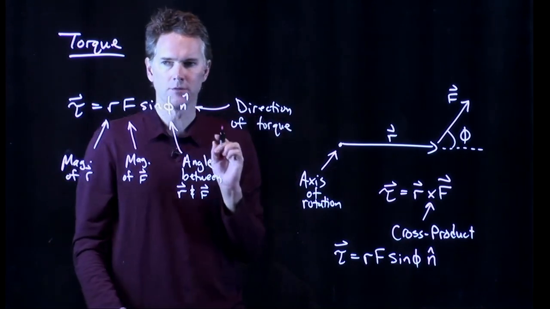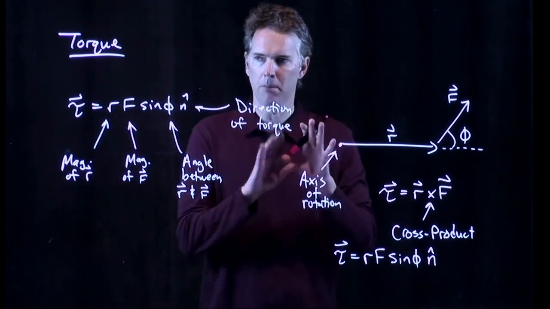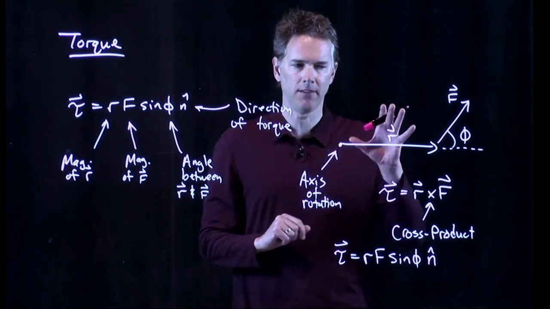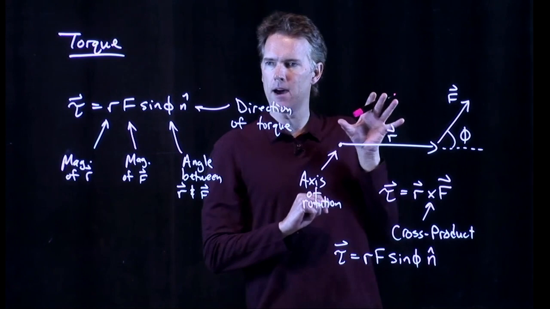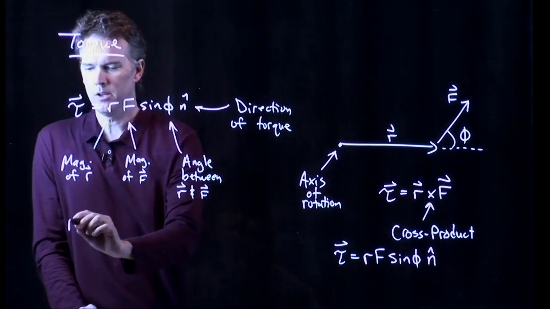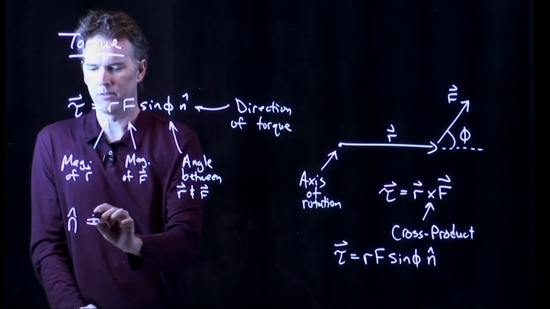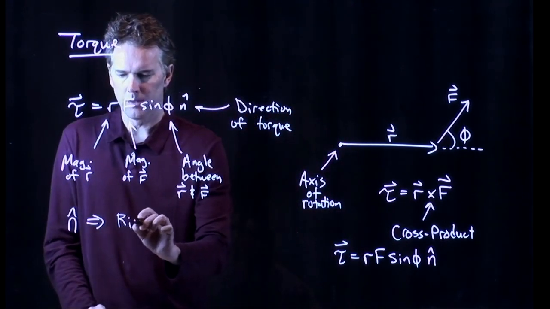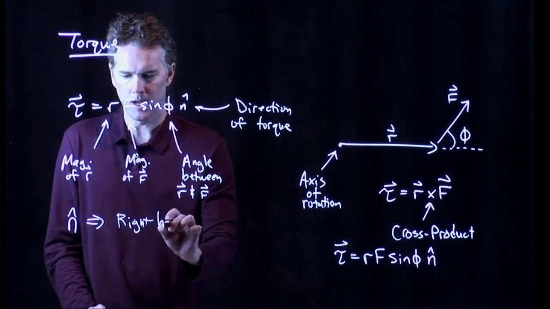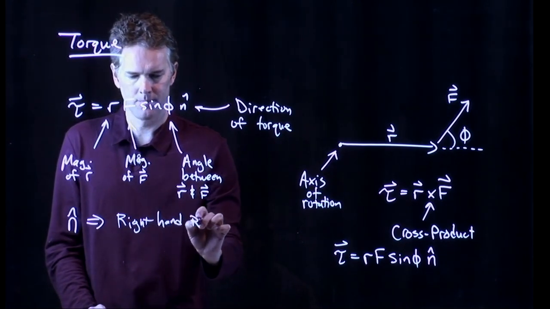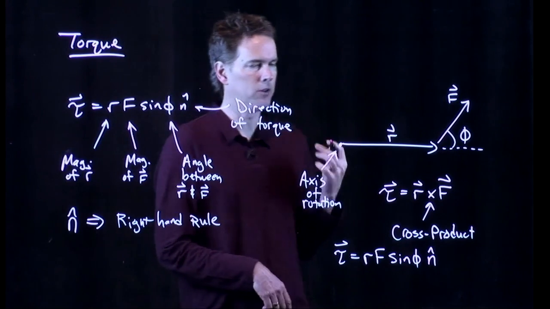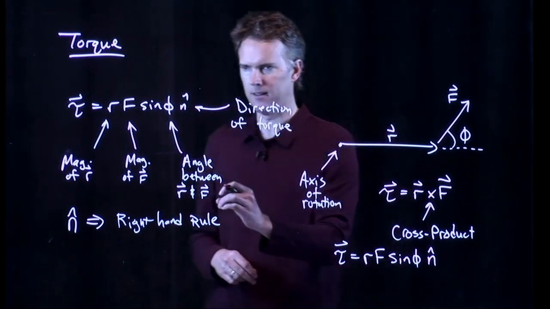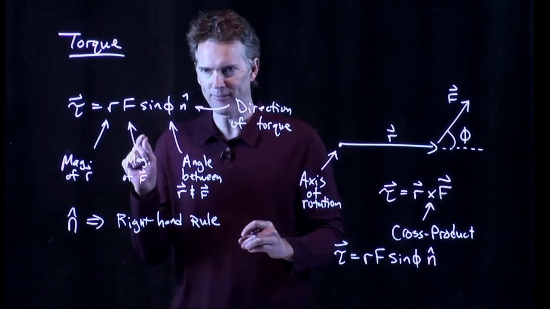And the direction of torque is always perpendicular to R and F, which means in this case it's either into the glass or out of the glass. How do you determine whether it's into the glass or out of the glass? The way you do it is with something called the right-hand rule. Okay, and this right-hand rule works for your right hand. Don't use your left hand. It's not called the left-hand rule.